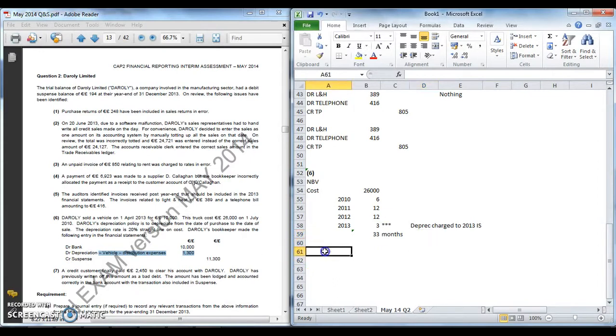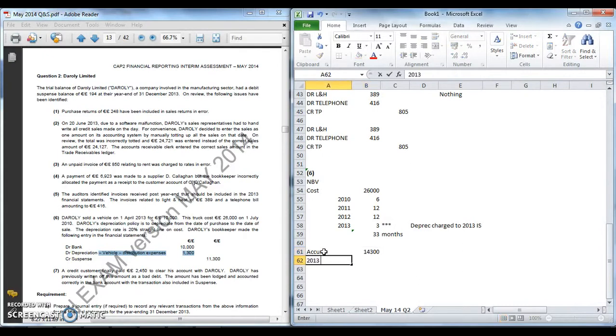So overall, the accumulated depreciation will be 26,000 times 20% times 33 months over 12. You can do it various different ways to calculate the depreciation per month. I'm just doing it on an annual basis. And that essentially says the accumulated depreciation over the 33 months is 14,300.